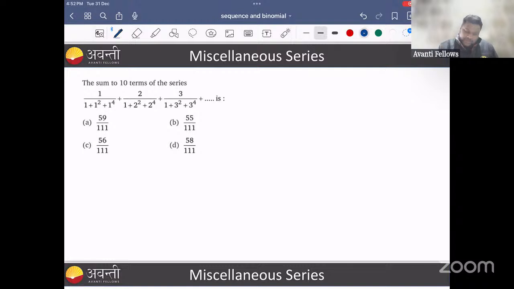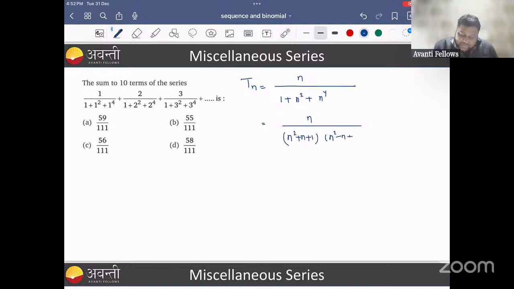Now, what will be the nth term? The nth term is going to be n upon 1 plus n square plus n to the power 4. Now, one more thing that you should know: this denominator has the factors n square plus n plus 1 and n square minus n plus 1.